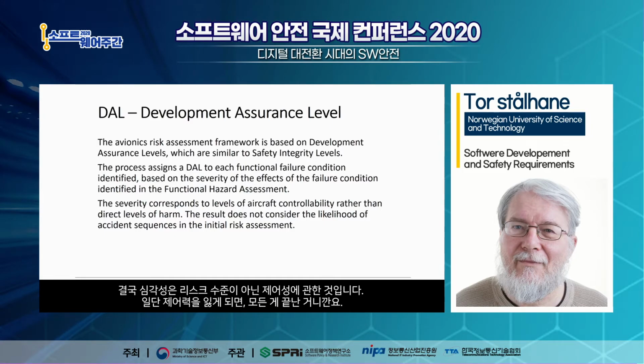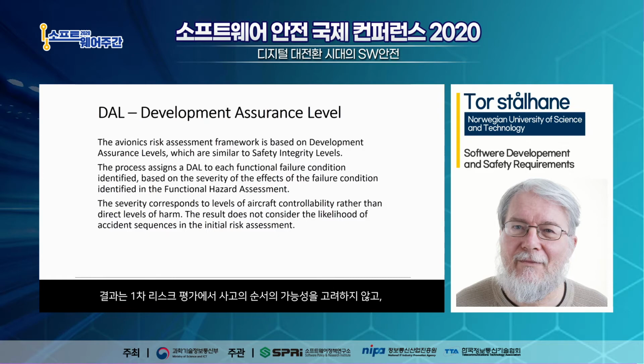So the severity corresponds to the level of aircraft controllability rather than direct level of harm. And of course, once you lose controllability of the aircraft, you pretty much had it. The result does not consider the likelihood of accident sequences in the initial assessment. It's just how critical this is for maintaining control of the airplane, and this gives you the development assurance level.